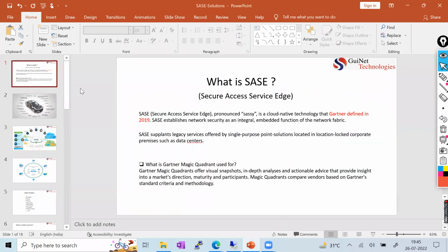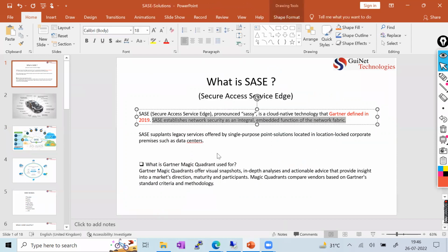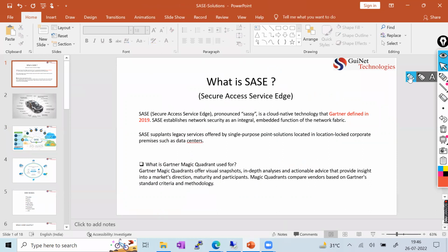So you can see here in SASE, this line I was just trying to explain: SASE establishes network security as an integral embedded function of the network fabric. So the words we are using here are network security as an integral embedded function of the network fabric.